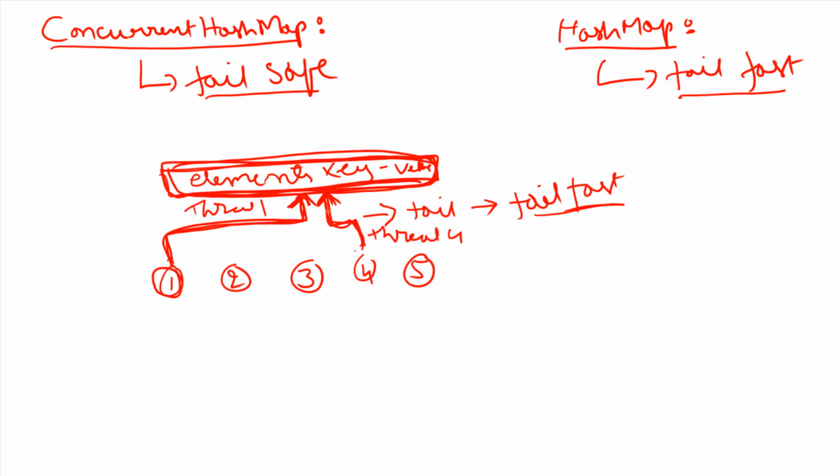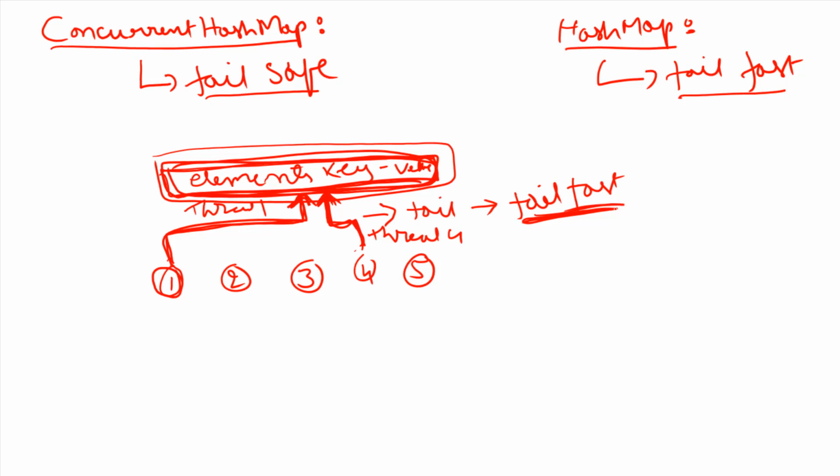Thread 4 works on this map. Now because thread 1 is already acting on this map, if thread 4 fails for its modifications, then it is called a fail fast. That means it is not thread safe.